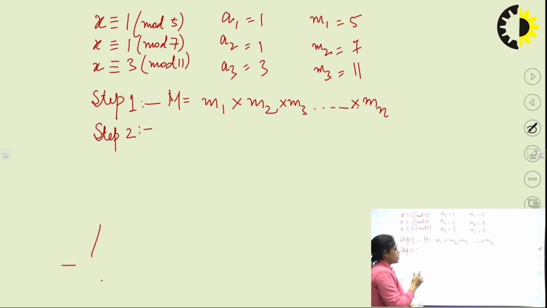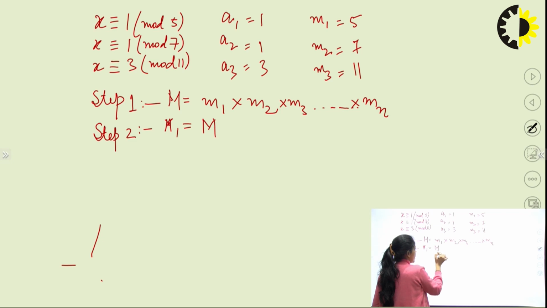Next, we will find out the respective capital M's, that is capital M1. We will find it by dividing capital M by small m1.